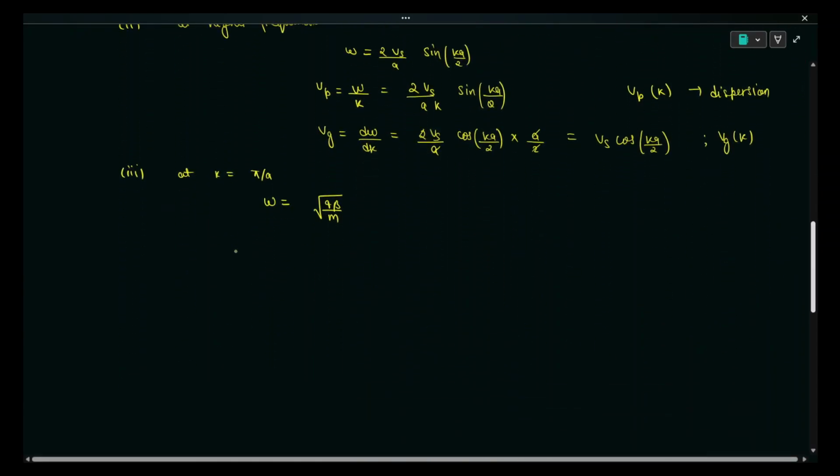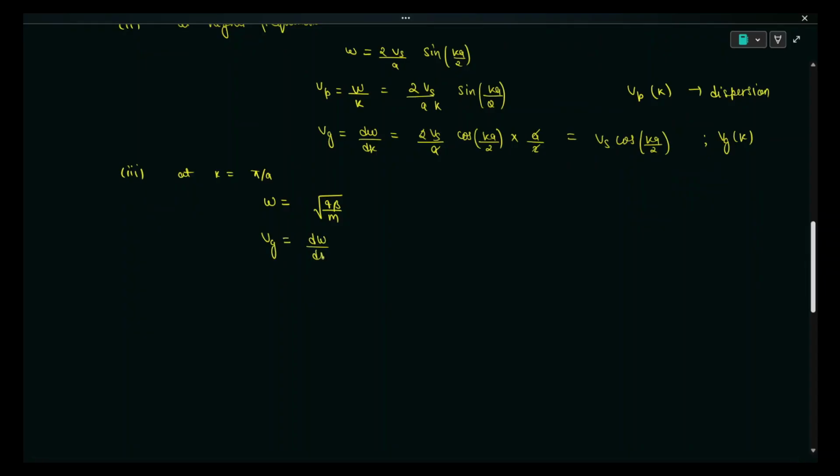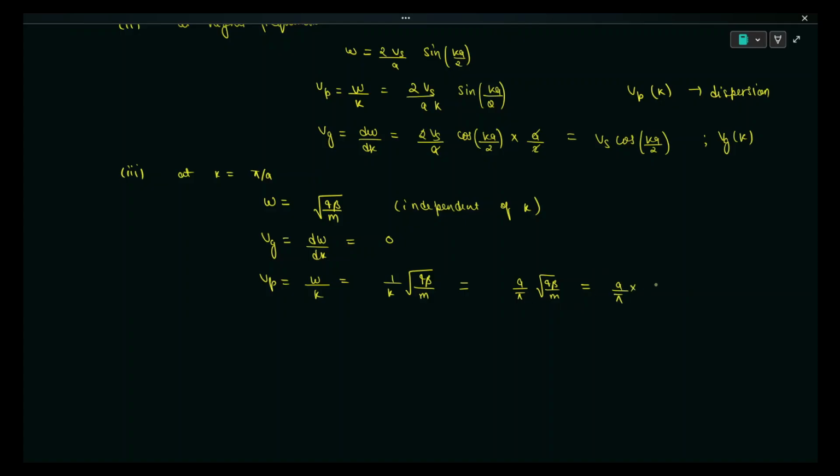And in that case, we can calculate group velocity as d omega by dk, and since it is independent of k, this means that the group velocity will be 0, and the phase velocity, which is omega by k, will be equal to 1 by k under root 4 beta by m. And this is equal to, if you put the value of k, a by pi times under root 4 beta by m, and in terms of velocity, a by pi then 2 Vs by a.